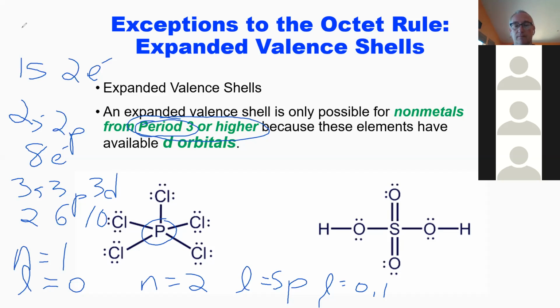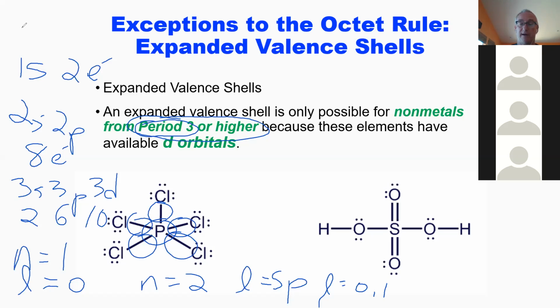How many total electrons does it have there? 10, right. Because there's 2 here, 2 here, 2 there, 2 there, 2 there for a total of 10. See, more than 8.